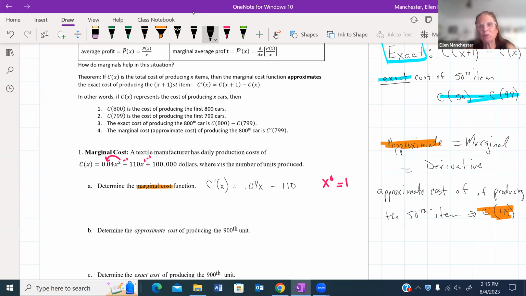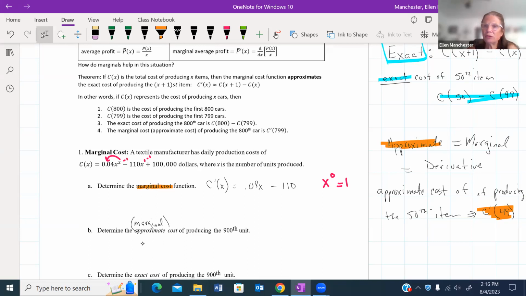It's the same power rule: you drop the 1 to the front and multiply, and then you subtract 1. 1 minus 1 is 0, so x to the 0 power is 1. So 110 times 1 is just 110. Okay, so this is our marginal cost, and we want the approximate cost. Remember, approximate and marginal is the same.